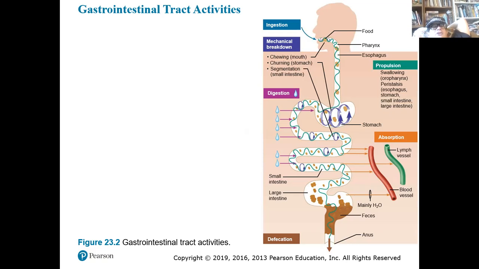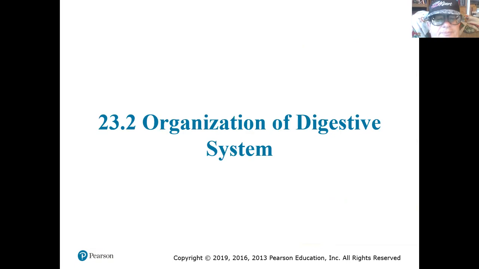In the large intestine, you take what's left, which is runny, liquidy, and you absorb the water out to compact it down to make feces. You also absorb B vitamins at that point. So anyway, the large intestine is absorption of water, like I said, mostly. And that's about it. Let's move on.